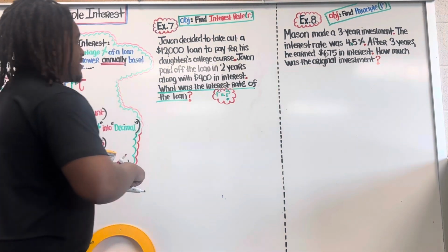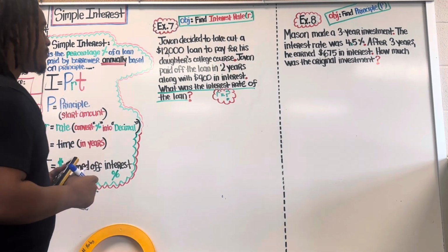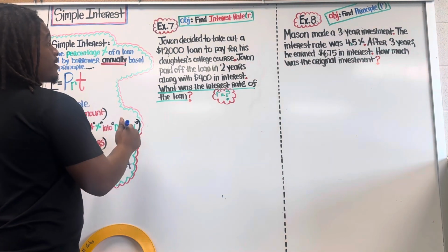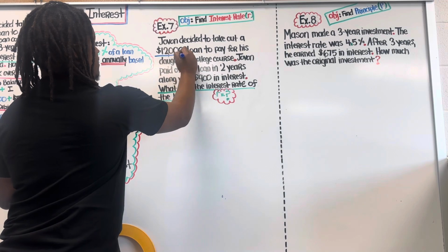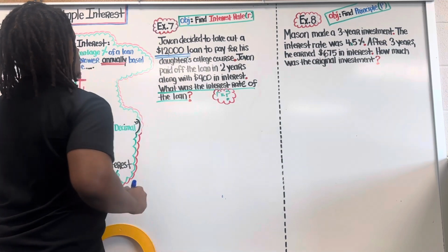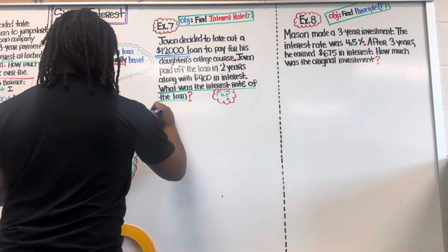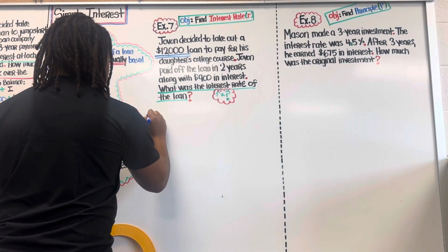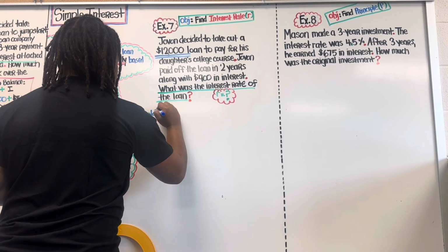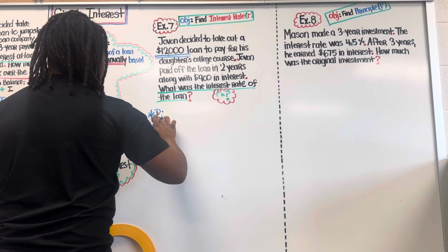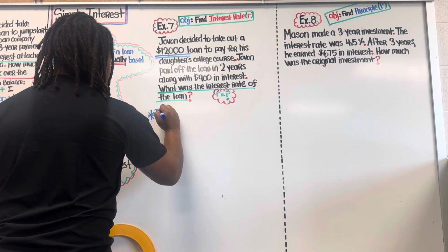Now, let's go ahead and document what we have, guys. We do have the principal, which is the start amount, and that's how much money he took out for his daughter's education, which is $12,000. So let's go ahead and put that, guys. The principal, which is P, right? I'm just going to put P for principal, right?